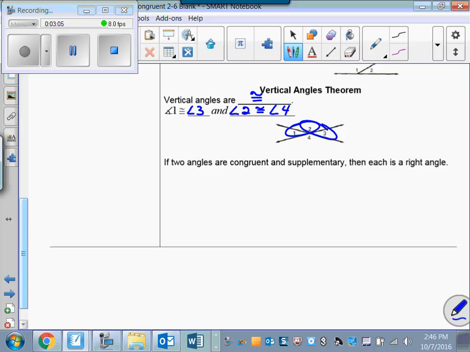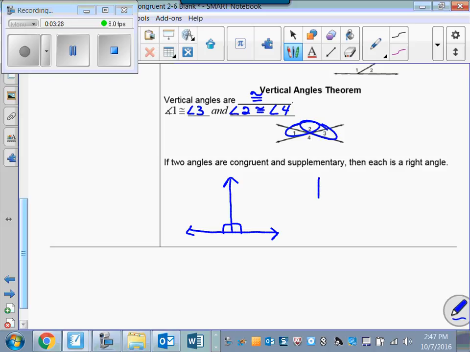All right, this is another theorem here: if two angles are congruent and supplementary, then each is a right angle. I guess they don't necessarily have to be a linear pair.